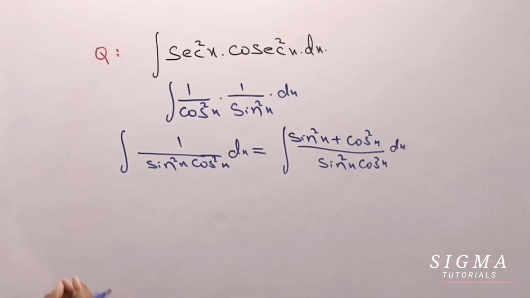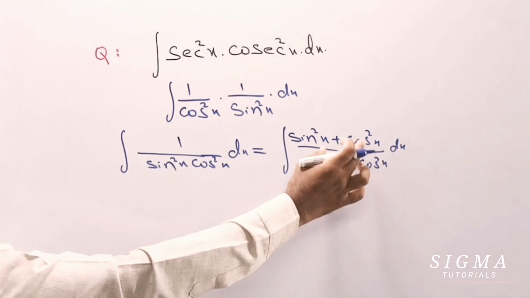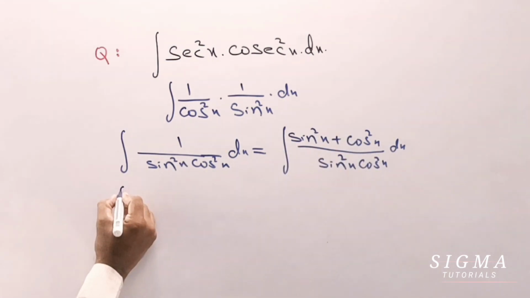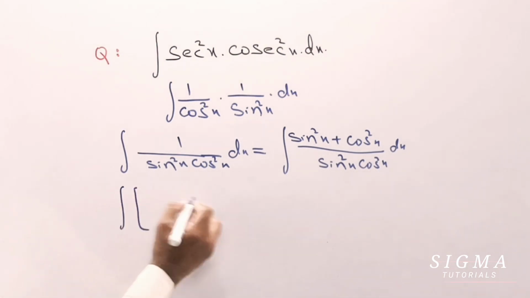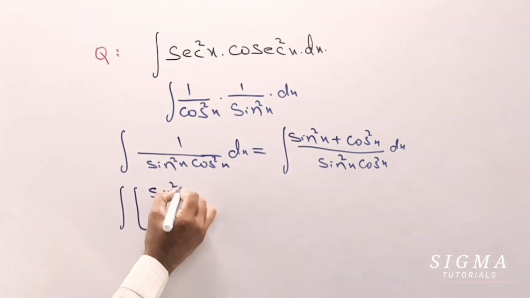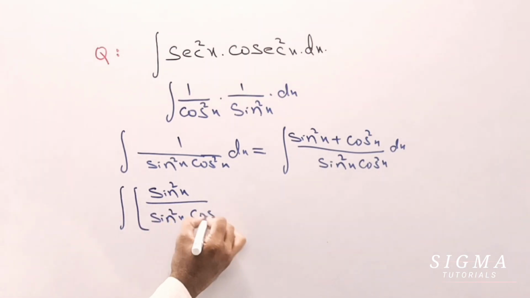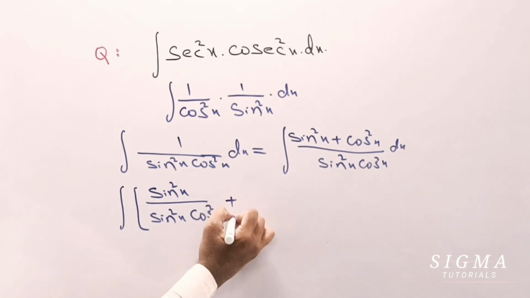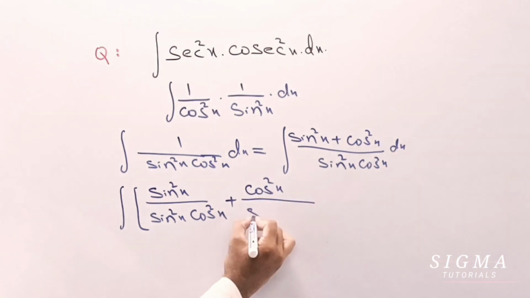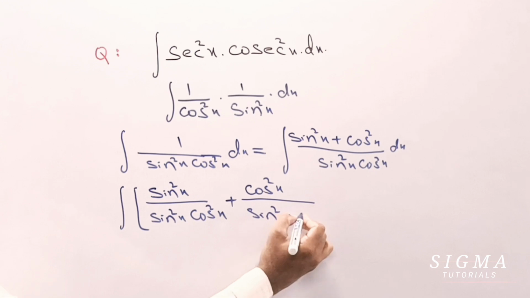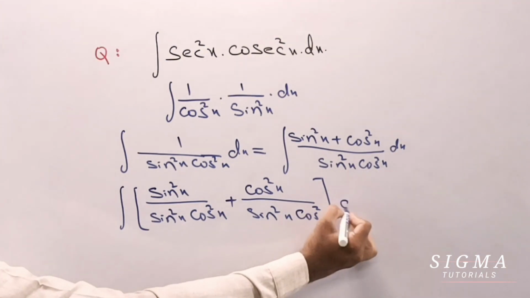Now if we separate this part, sine square x by this and cos square x by this, in the next step we can get the integration of sine square x over sine square x cos square x plus cos square x divided by sine square x cos square x, then at the end dx.